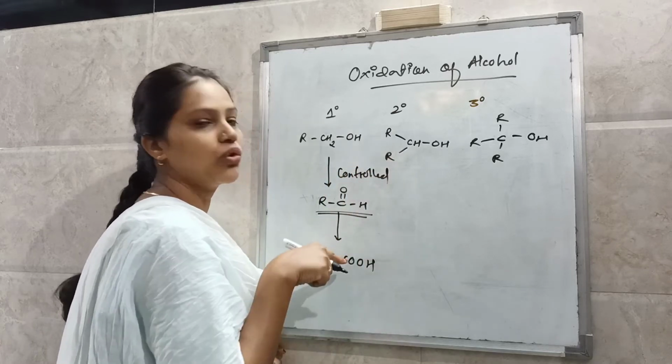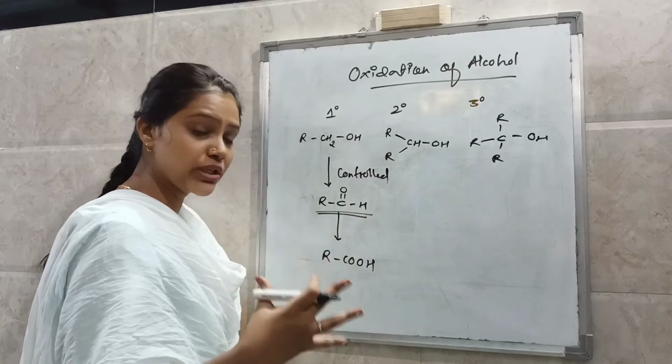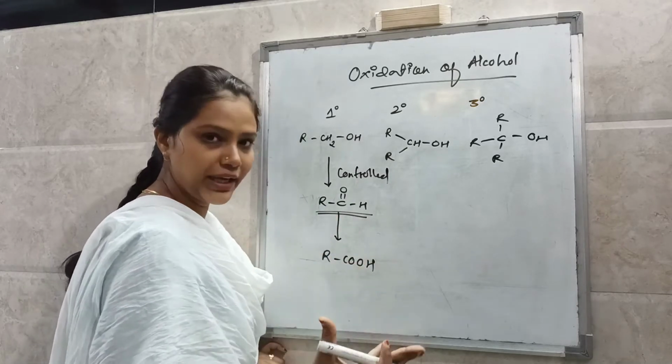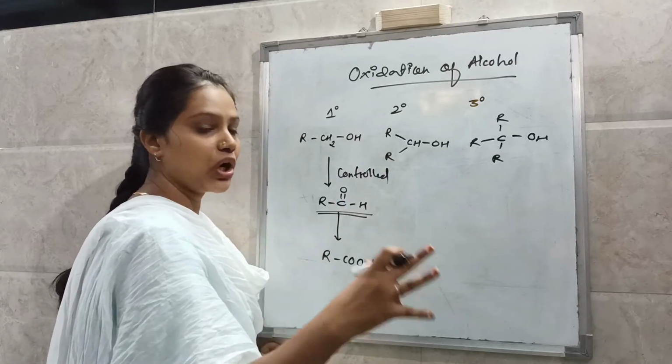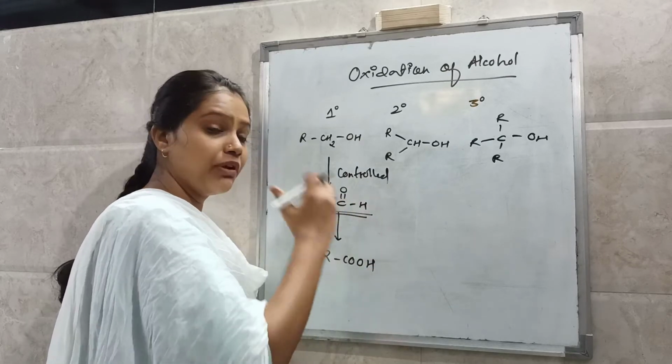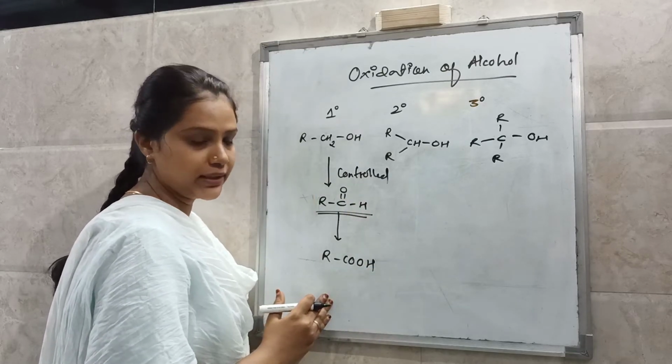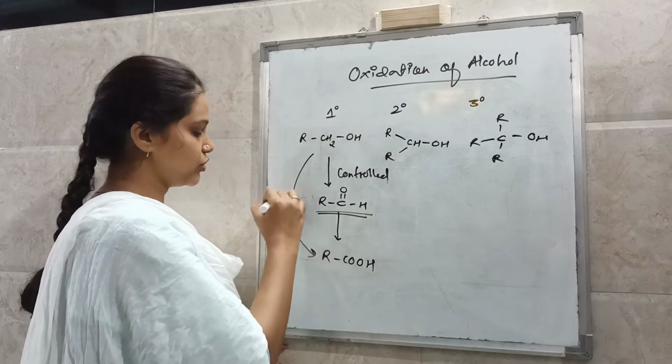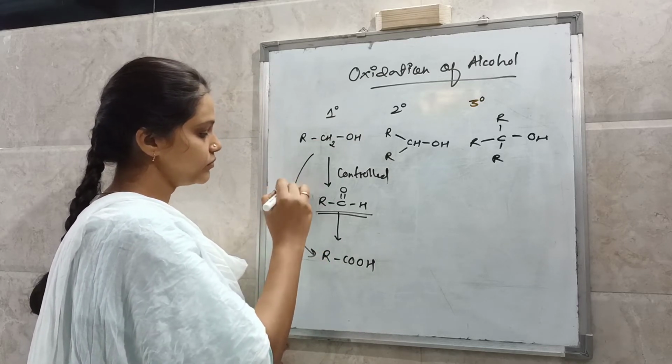When you use a strong oxidizing agent, the oxidation will not stop at aldehyde, it will further oxidize to carboxylic acid. Such oxidation is known as uncontrolled oxidation.